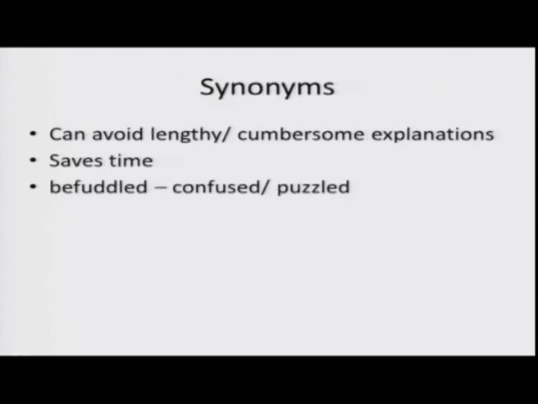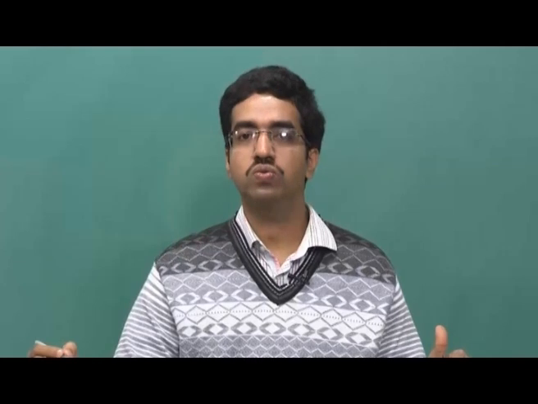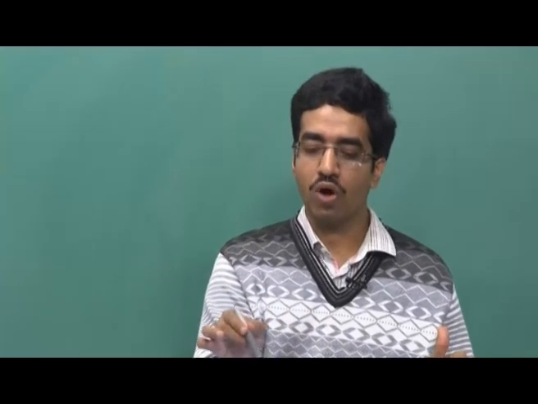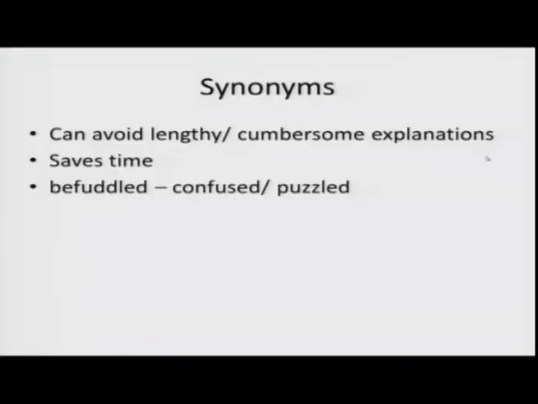First one is synonyms. You have used an unfamiliar word, or you come across something while reading. One way, in fact the easiest way, is to define that term using a synonym. This can help avoid lengthy, cumbersome explanations and saves time. For example, we saw in the earlier example the word befuddled.